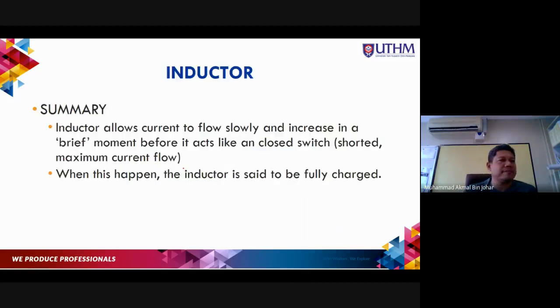That's the advantage. In summary, an inductor allows current to flow slowly and increase over a brief moment before it acts like a closed switch, or shorted, which is the maximum current flow. When this happens, the inductor is said to be fully charged, and then no more current will flow.